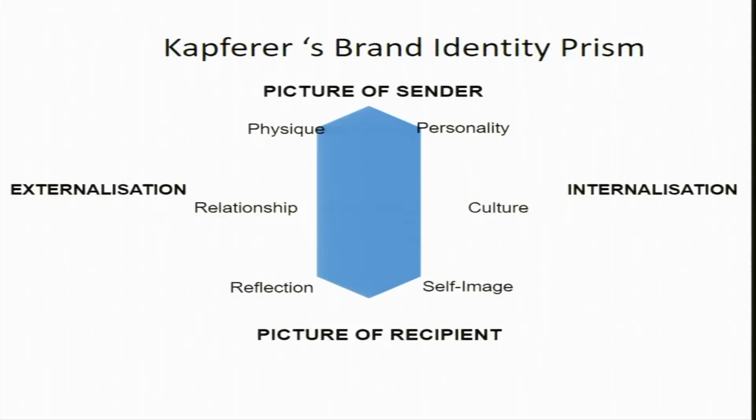On the other side of the prism you have the picture of a recipient. Who is the recipient? The recipient is the consumer. So, picture of the sender is identity and picture of the recipient is brand image. This is something you can keep in mind when you try to understand the brand identity prism.